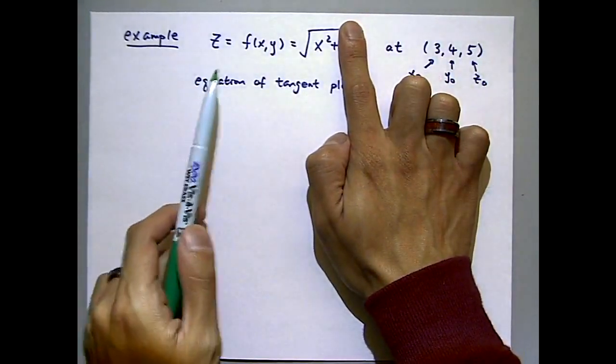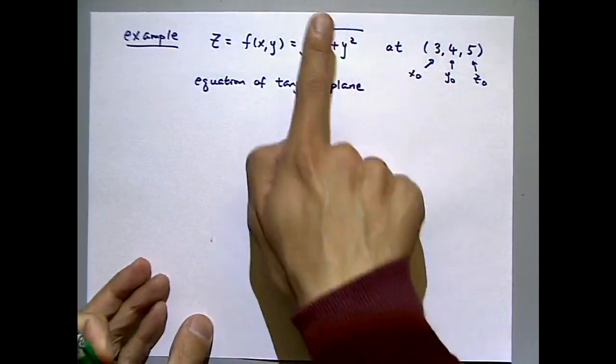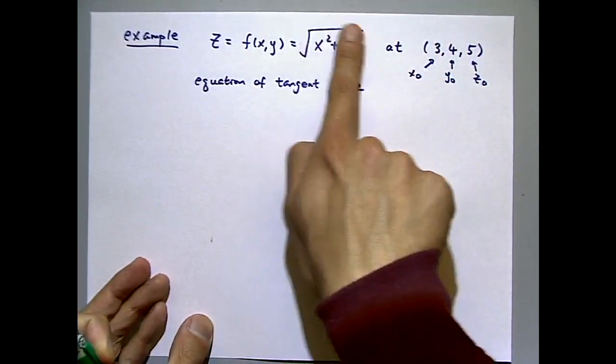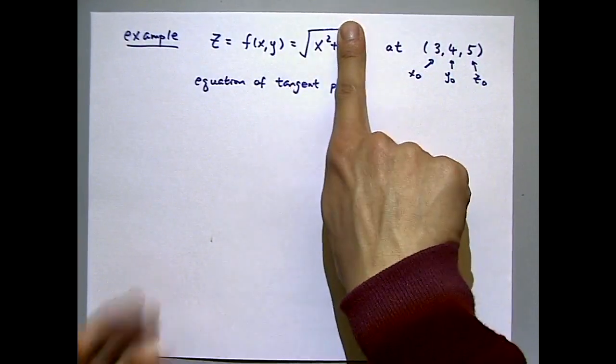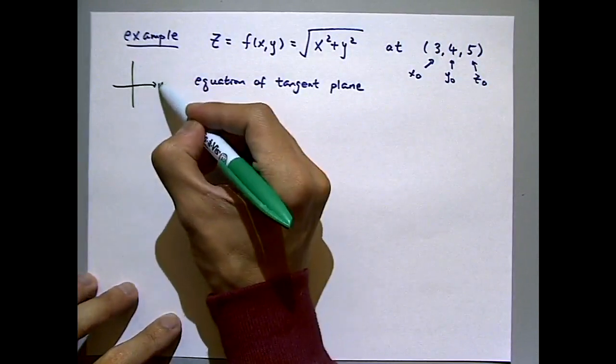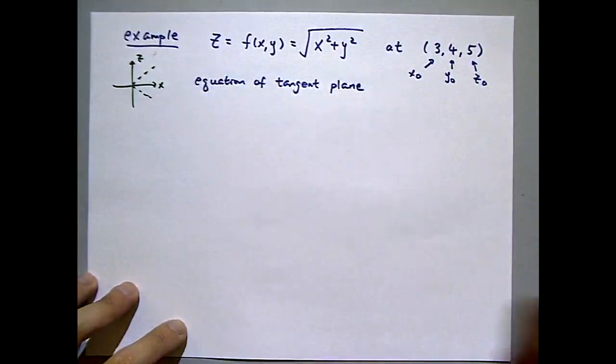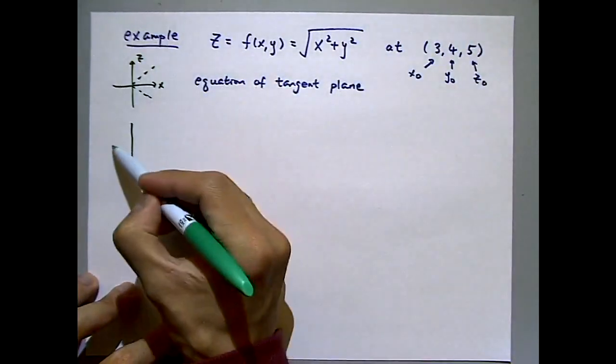Z is equal to the square root of x squared, so z is equal to plus and minus x. So these are two lines, right? The traces are two lines in each dimension. In the zx plane, you get two lines like that. In the zy plane, you also get two lines.